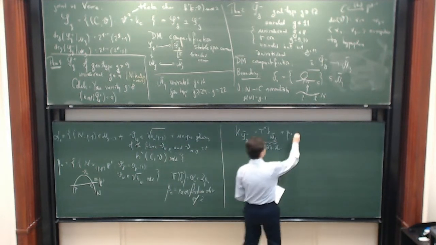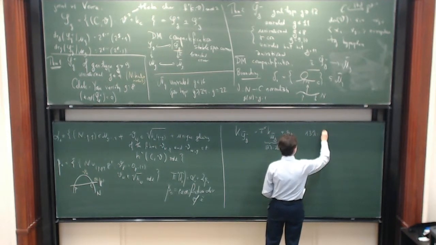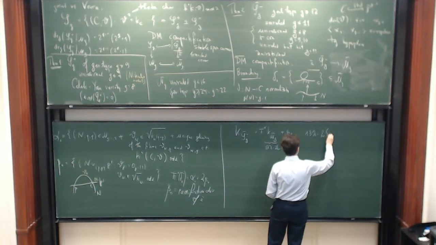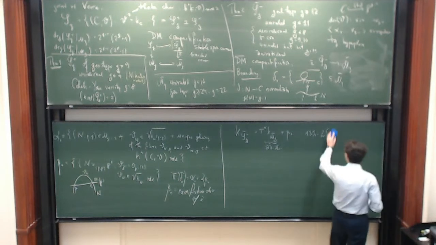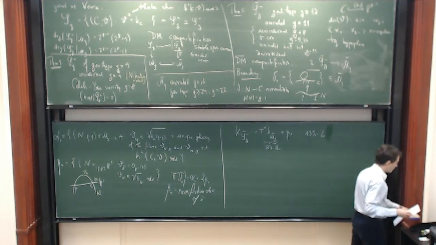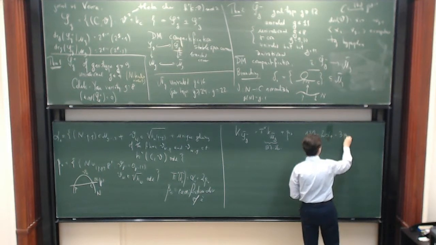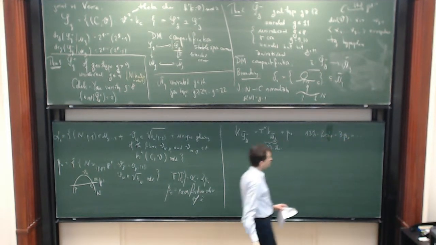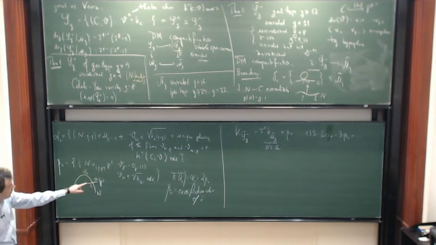And then you get that this is 13 lambda minus 2 alpha 0 minus 3 beta 0. So this is how the canonical class looks, because I use that formula here.